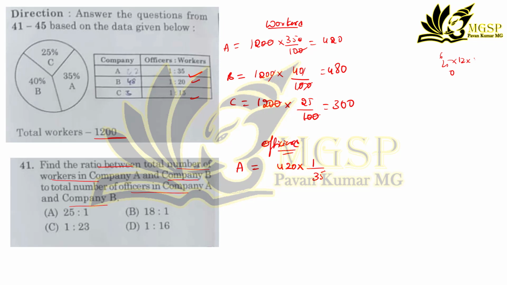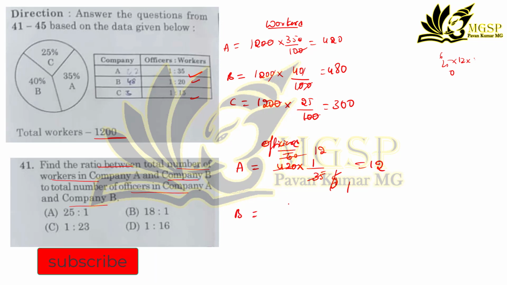This gives you 420 divided by 35, which is 12.